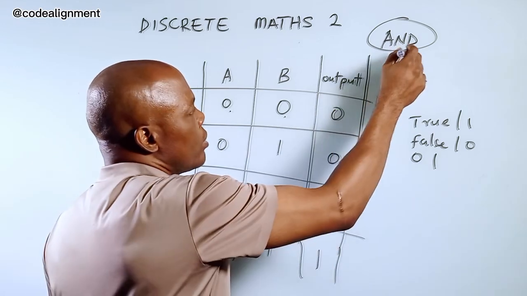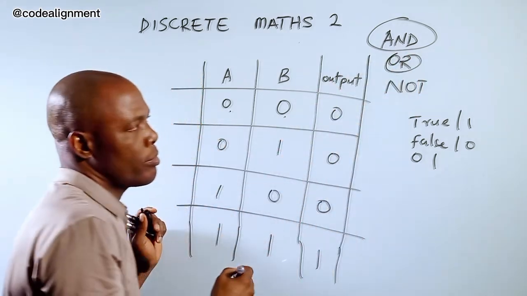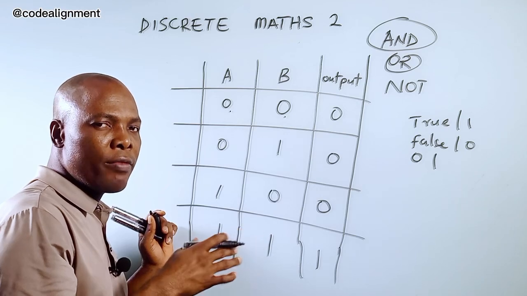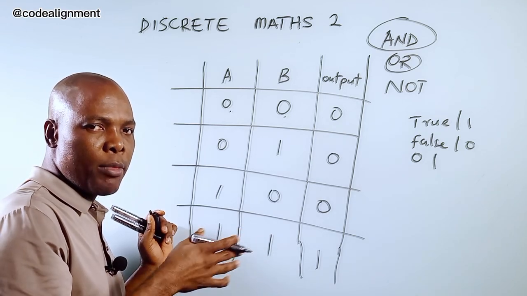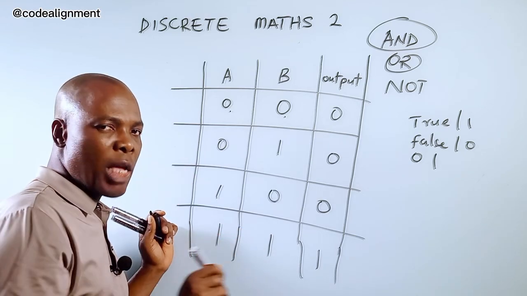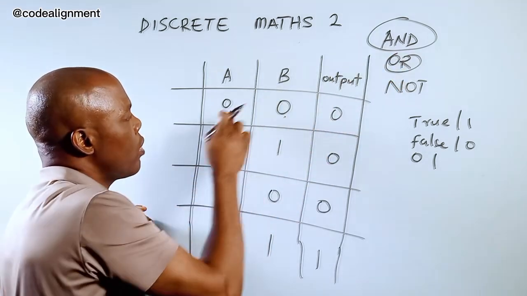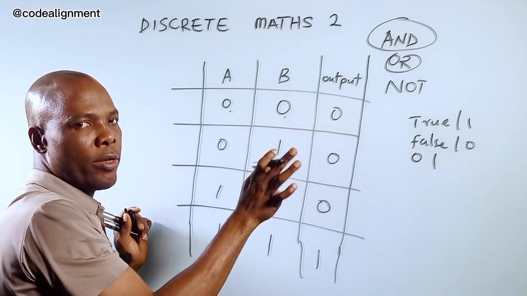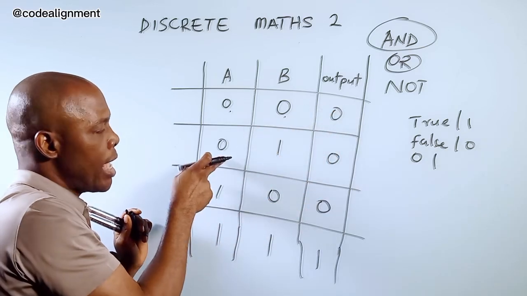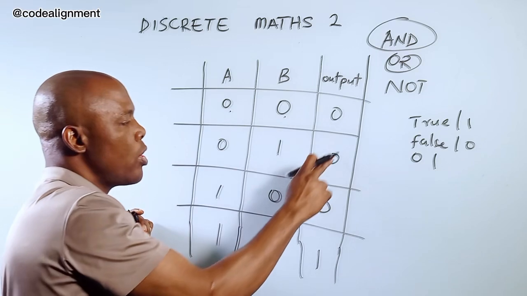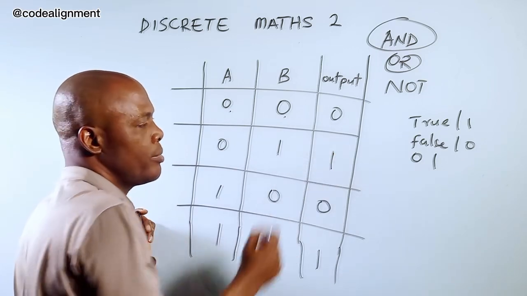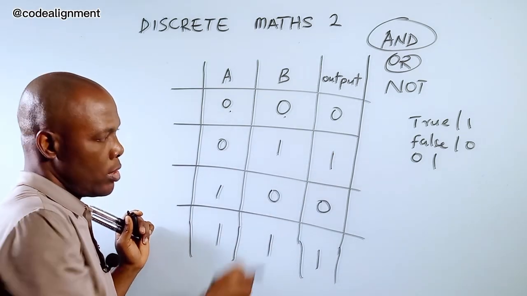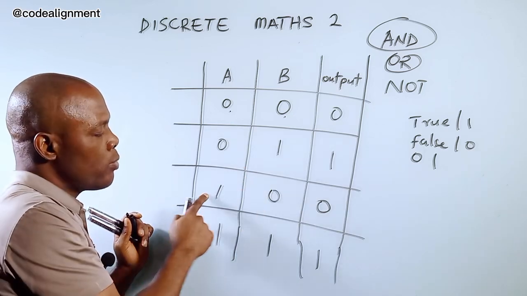Now, if it is OR, OR is saying either of these conditions can be true, and then the output to be true. So in the case of OR, this is 0, this is 0. What would this give me? This will give me 0 because both are 0. Now, this is 0, this is 1. OR is saying this place will be 1 because this is 1. Now, this is 1, this is 0.